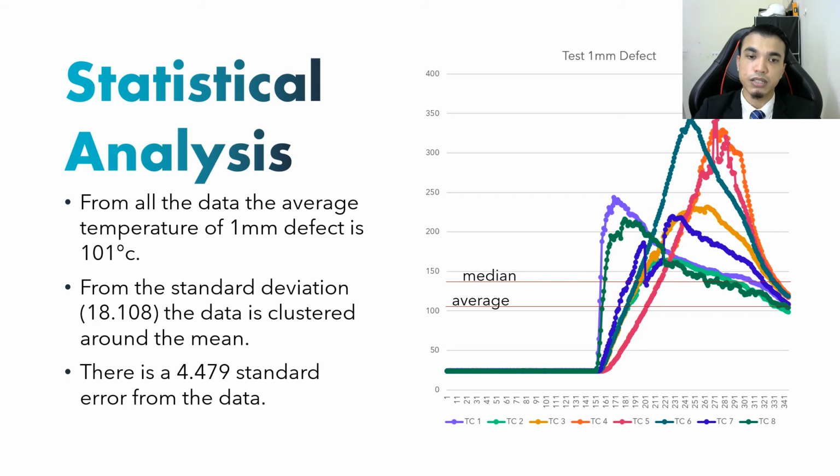From the standard deviation, the data is clustered around the mean. And there is 4.479 standard error from the data. From this analysis, we can see the highest heat point is 348 degrees Celsius.